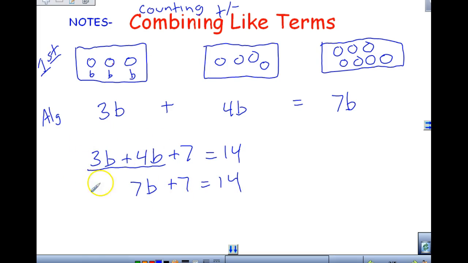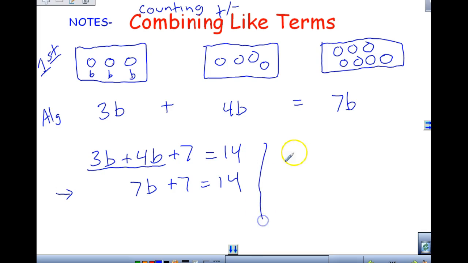Notice how I didn't subtract 3B on both sides, because there's no B's on the right-hand side. We're just combining them together to make it simpler to solve. Another way of looking at it is that we know how to solve this, so we can do something to put it in this format. You know the steps to do after that. And that's basically it. It's practicing when they're on the same side. Go ahead and combine them.